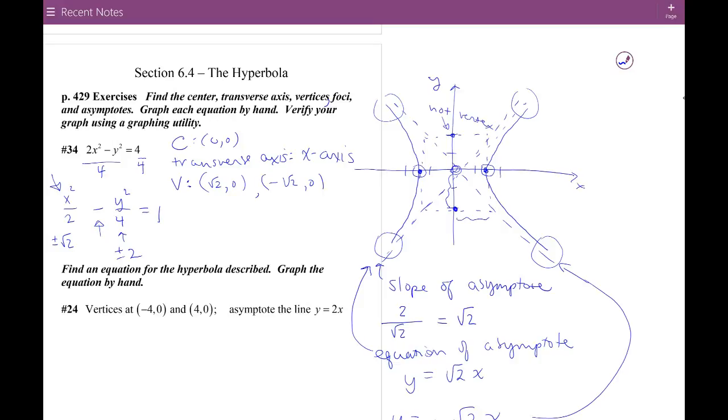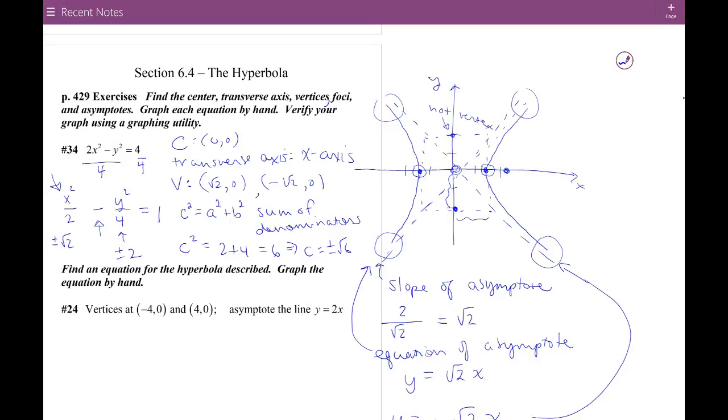Then the foci, we're going to have to do a little work before we can find them. So it's little c squared equals a squared plus b squared. So this is the sum of the denominators. So c squared is going to equal 2 plus 4, or 6. So c equals plus or minus root 6. So then we know how far to go to get to the focus point. And root 6 is a little more than 2.